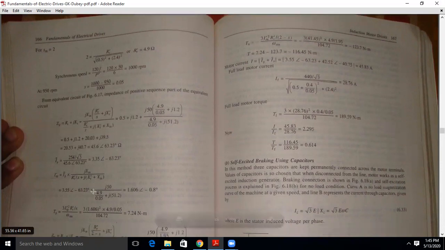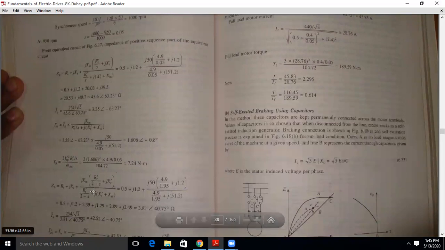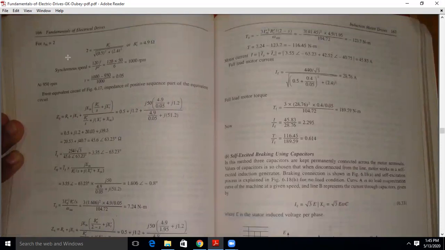So now, after calculating that, go for Tp. Similarly, Zn, in the Zn, we need to have 2 minus S and In, I dash N, and then Tn. So once you calculate all these, we need to have that particular torque, resultant torque, net torque, you can say. So it is 7.24 minus 123.7.